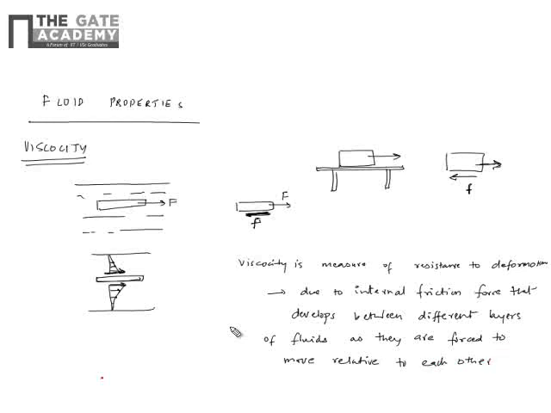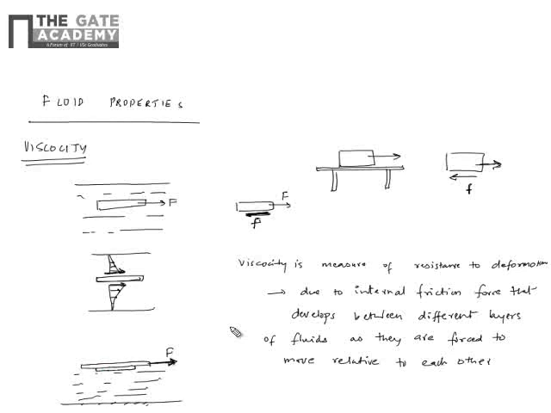Okay, so let's take an example. Say you have a stationary surface, and you have a plate, and everywhere you have the fluid. When you try to move this plate with say force F, what will happen? Initially, after some initial transients, it is observed that this top plate moves continuously with a steady velocity.